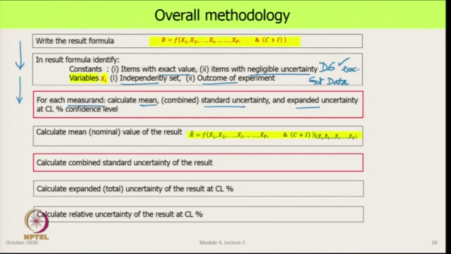Then we will develop a method to calculate first the mean nominal value of the result, which is straightforward. Then we will develop the formula for calculating the combined standard uncertainty of the result, which will be UR bar.